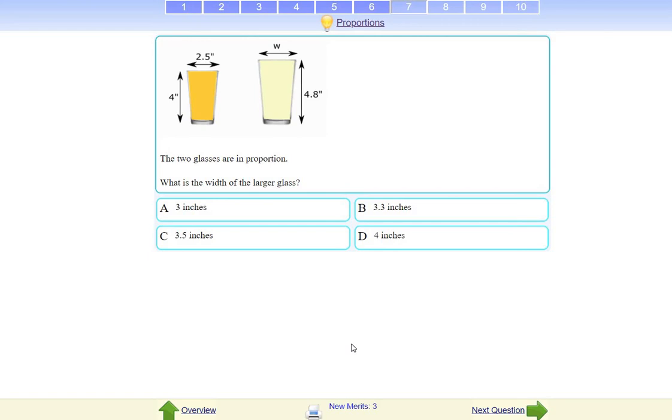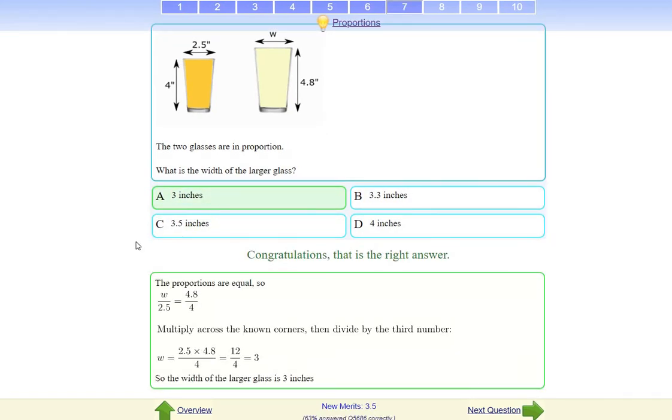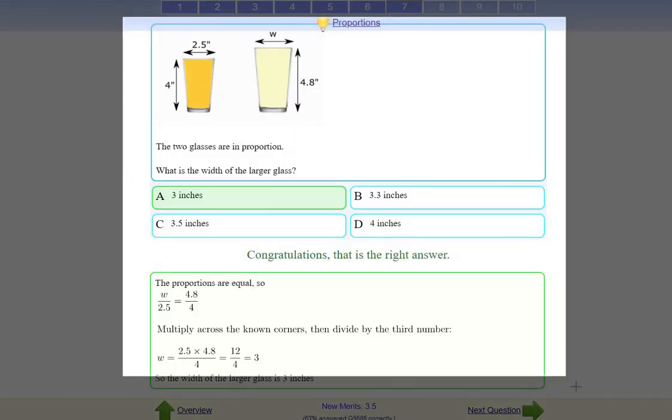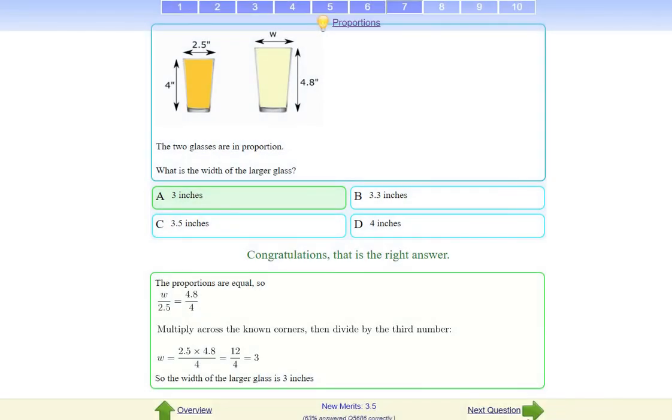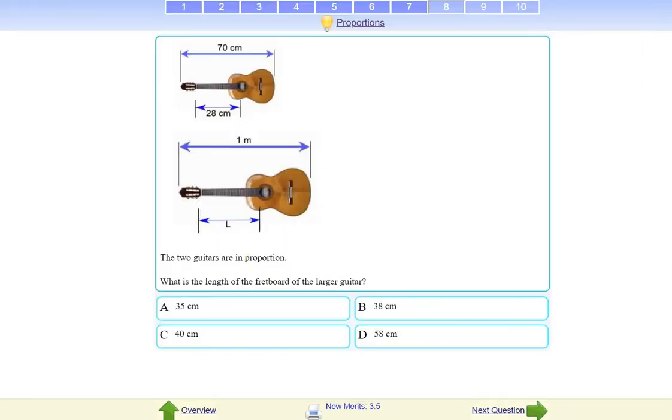A. A, 3 inches. Congratulations. That is the right answer. Next question.